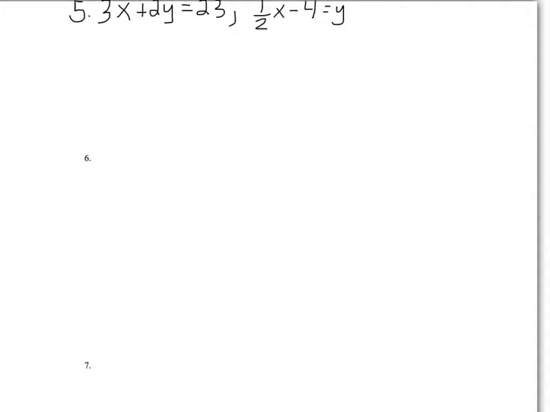For this problem, I think I'm going to use substitution as well, because I see that I have y equals in my second equation, and I'm going to plug it in for the y in the first equation. So I will write that down.